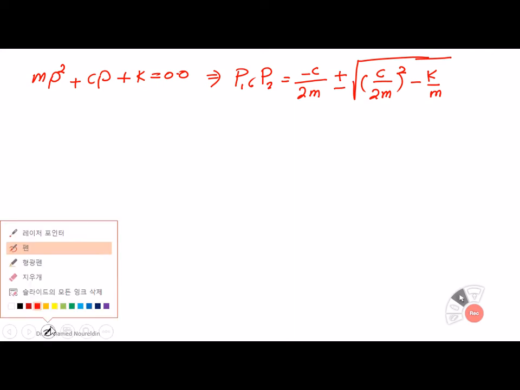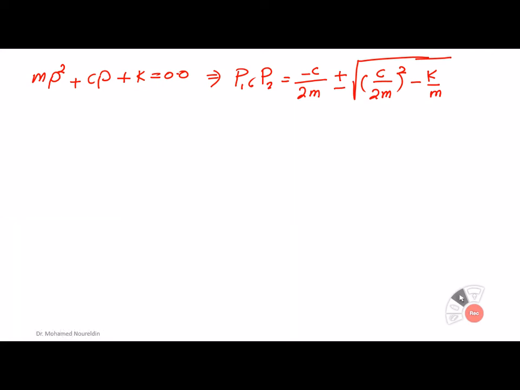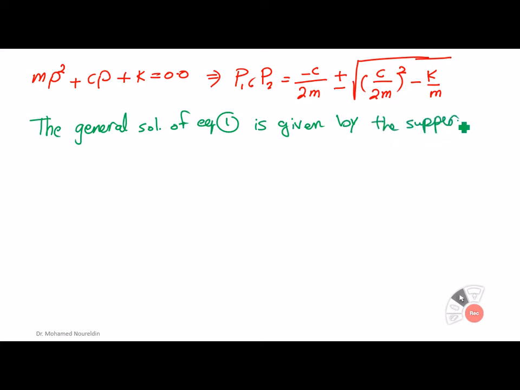The general solution of equation 1 is given by the superposition, meaning adding, of the two possible solutions.